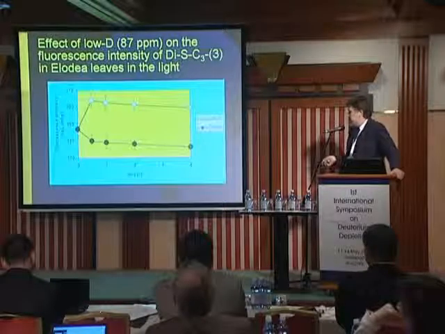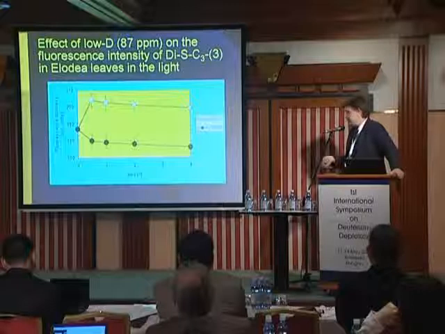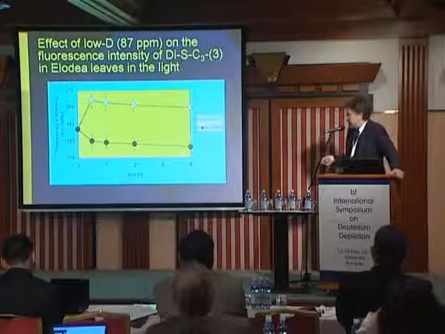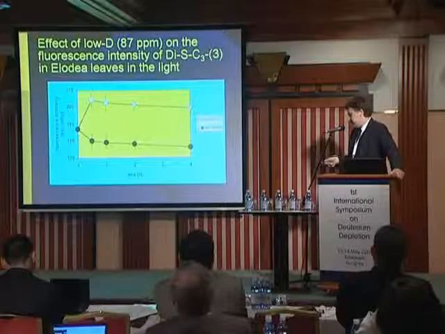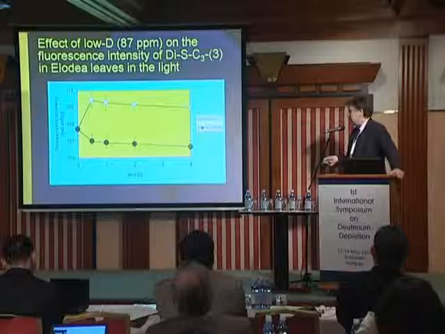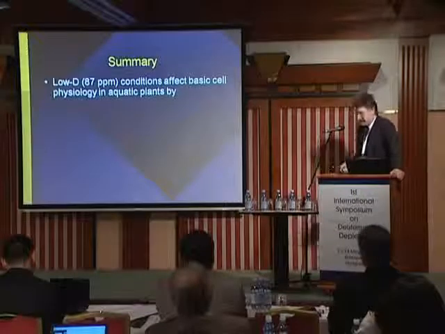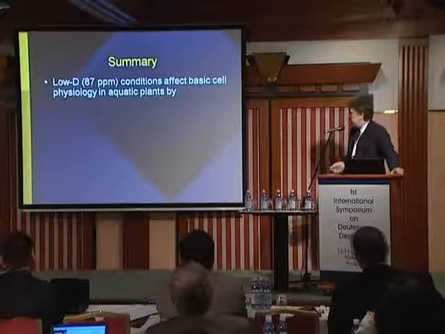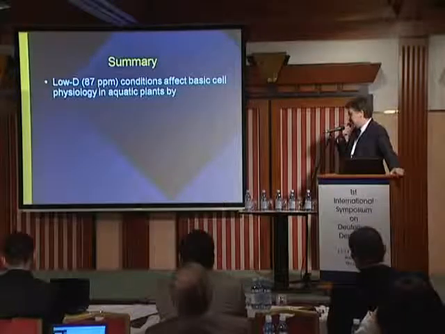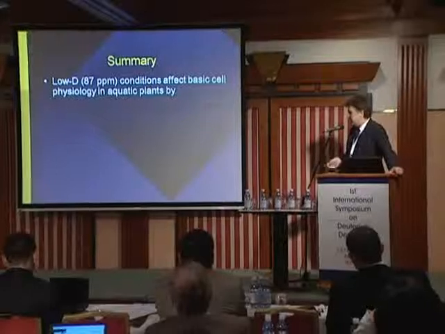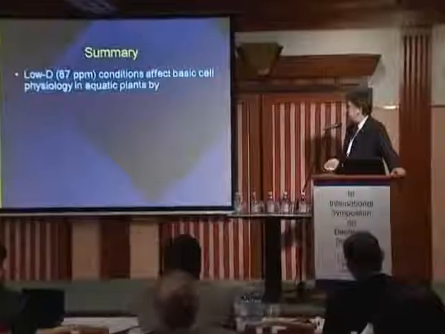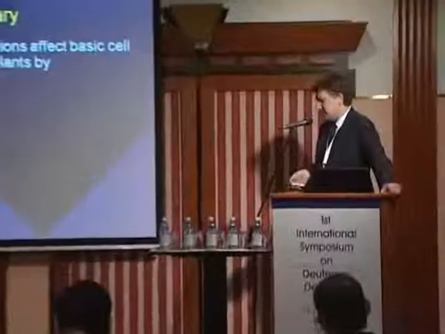And that can explain, at least partly, why we observed this relatively significant external acidification. So, in conclusion, we can say that the plant cells are capable of sensing the sudden change in the deuterium concentration of the ambient solution.